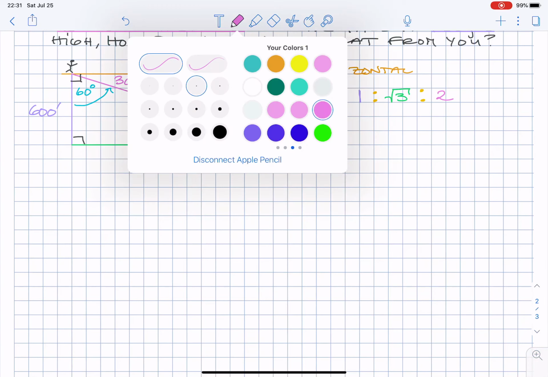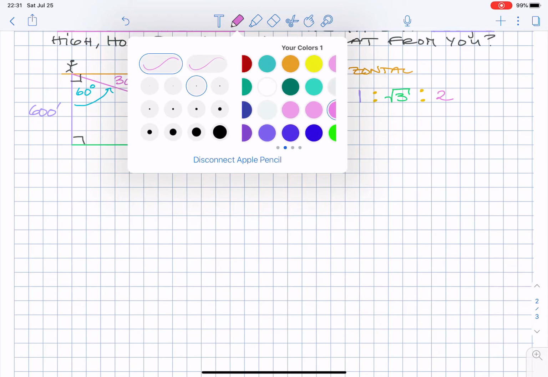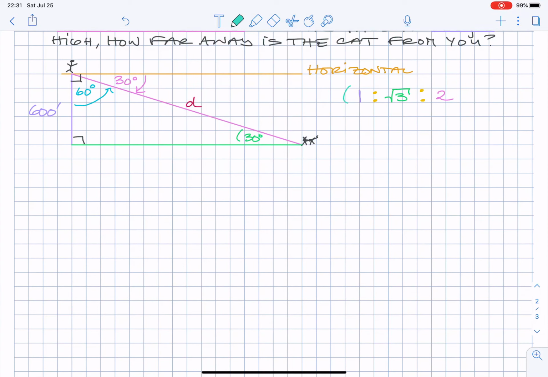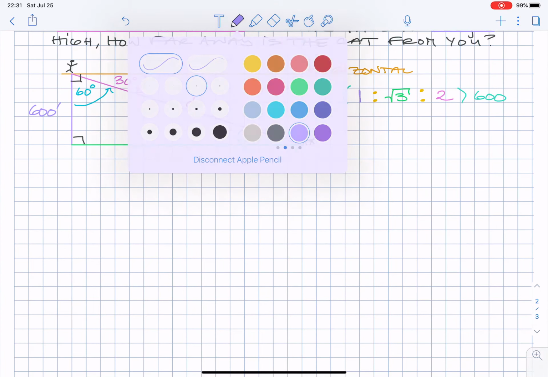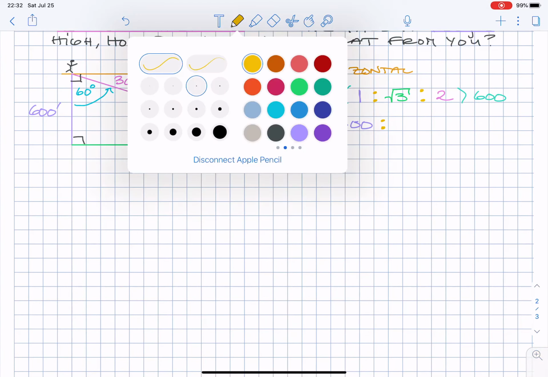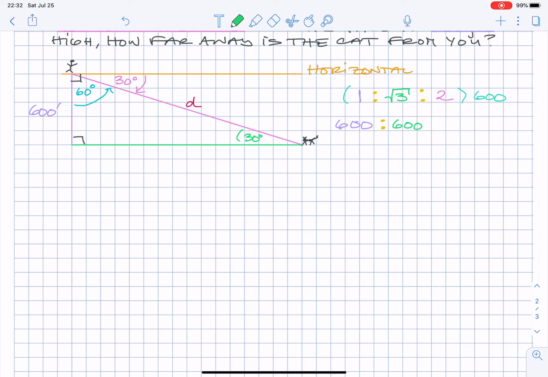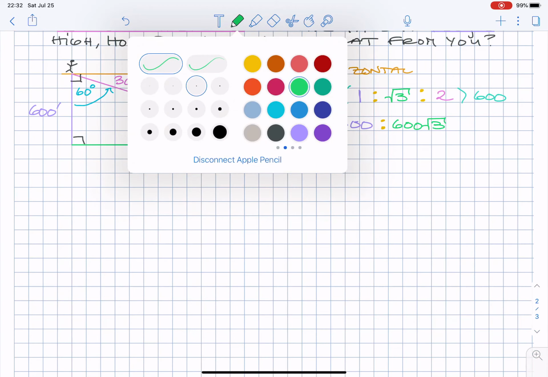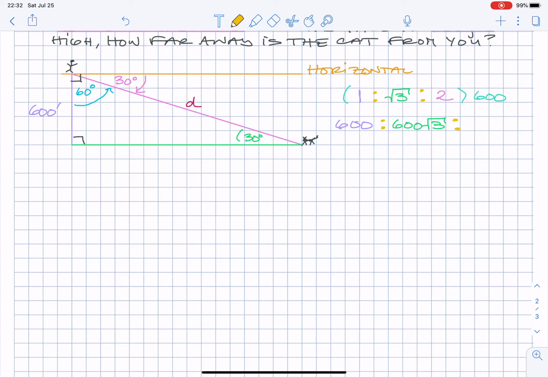Okay, well I know that the short side measures 600, so I would need to multiply the ratio by 600 feet in order to get 600. So distributing 600 to each number in this ratio would give me 600 to 600 √3 to 6 times 2 is 12, so 1200.